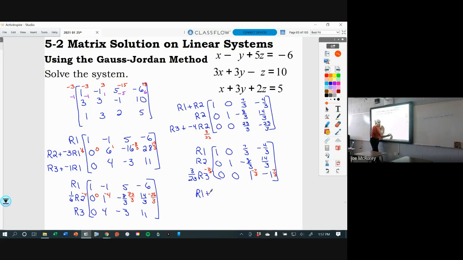Row 1 is going to be combined with -7/3 row 3, which gives me 1, 0, 0, and 7/3 minus 4/3. Wait, 7/3 minus 4/3, that's 3/3 or 1.